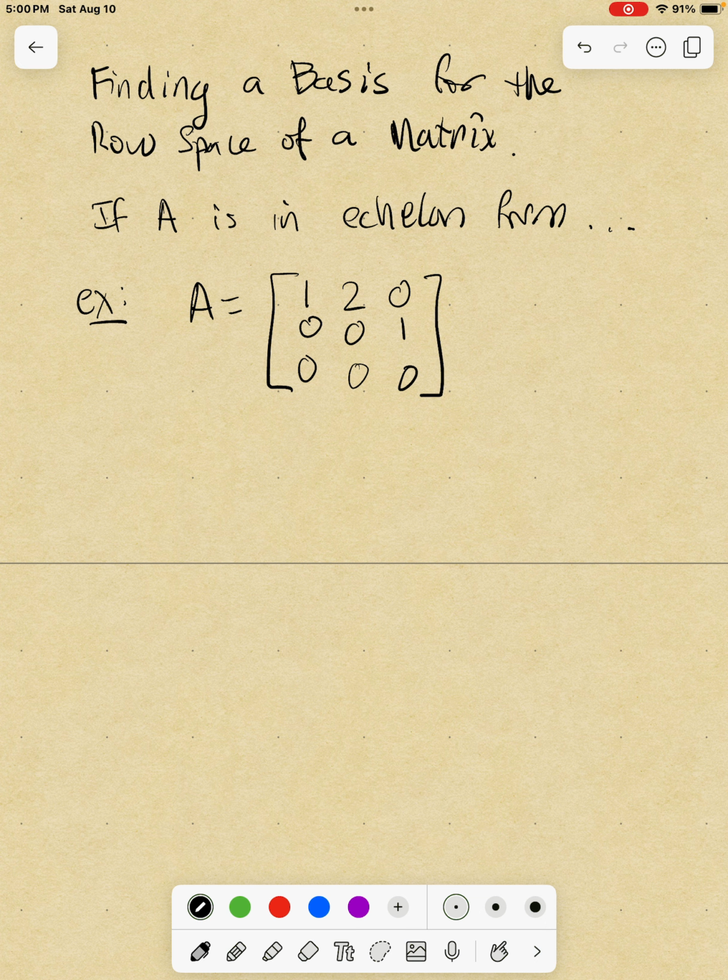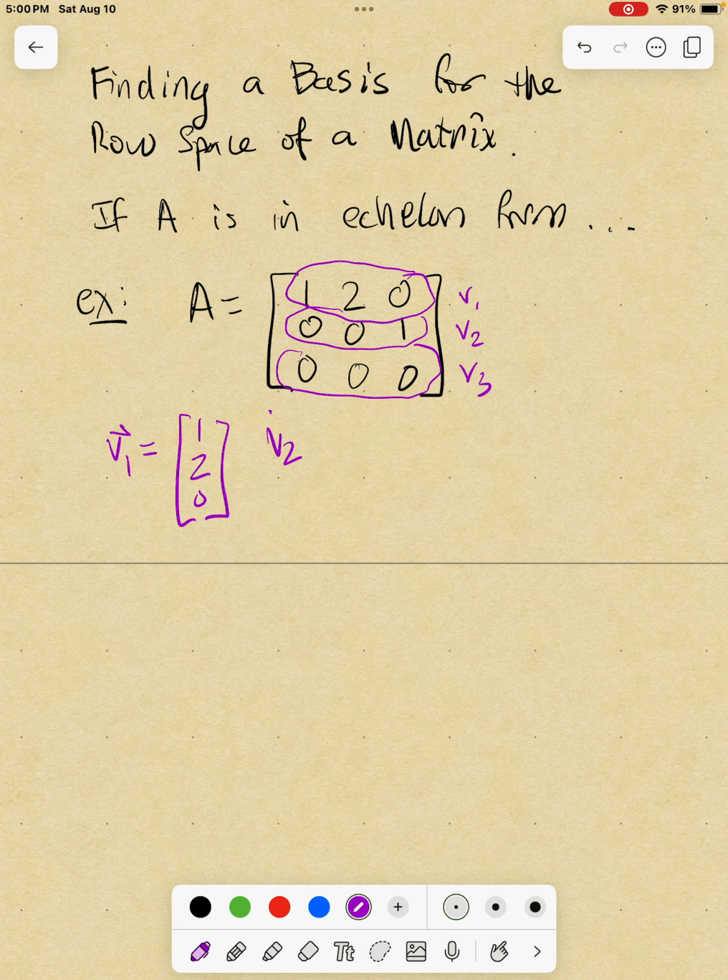So I have 3 rows, this row, this row, this row. Let's call this V1, V2, V3. So V1 is 1, 2, 0, V2 is 0, 0, 1, V3 is 0, 0, 0.